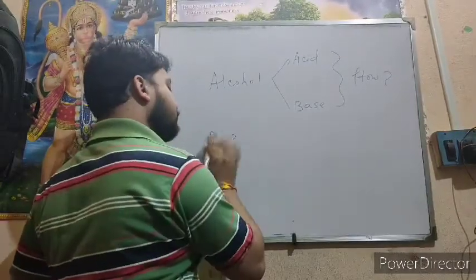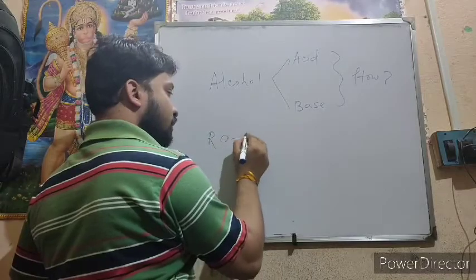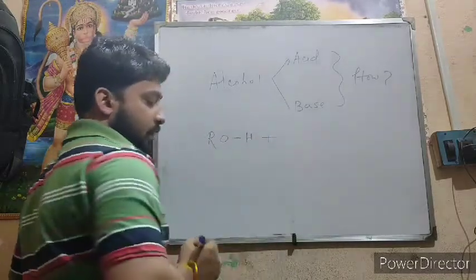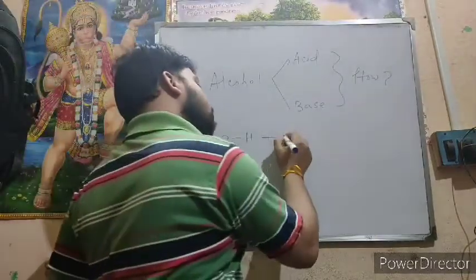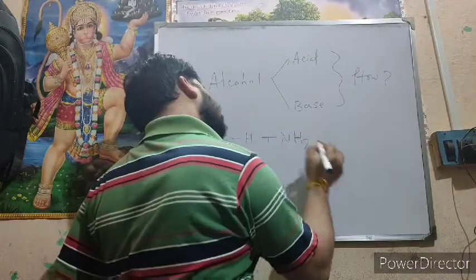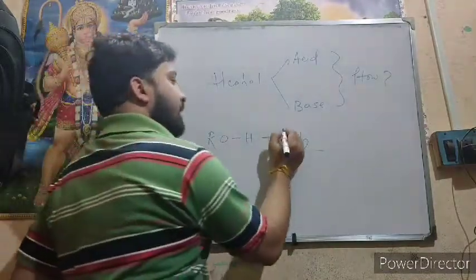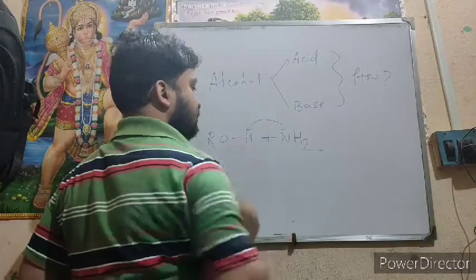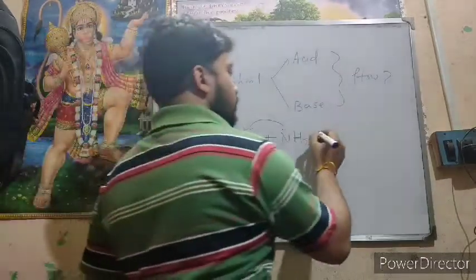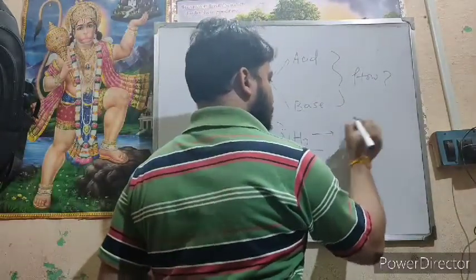I write ROH, and it reacts with NH2 minus. N has a lone pair, so it attacks this H, and you get RO minus.